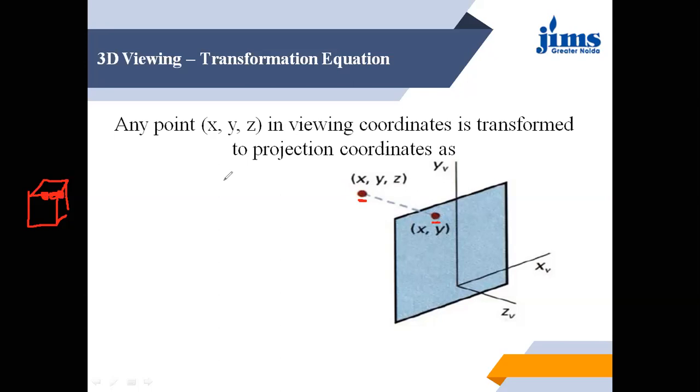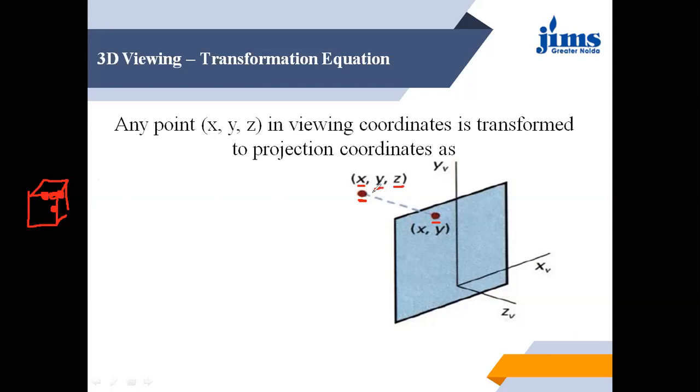When we have any point on this object, as this is a 3D object and there are 3 axes, there will be x coordinate, y coordinate and z coordinate of this point of the object.